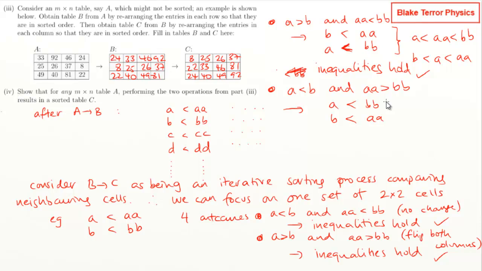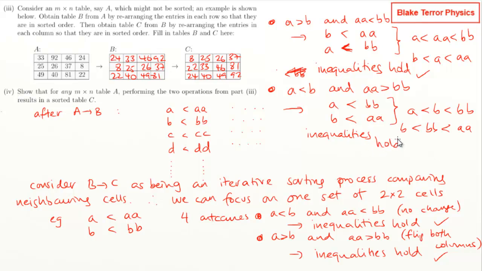So BB is greater than B, which is greater than A, so that one holds for the top one. And then for the second one, we had that AA is greater than BB, which is greater than B. Right, so again, the inequalities hold.